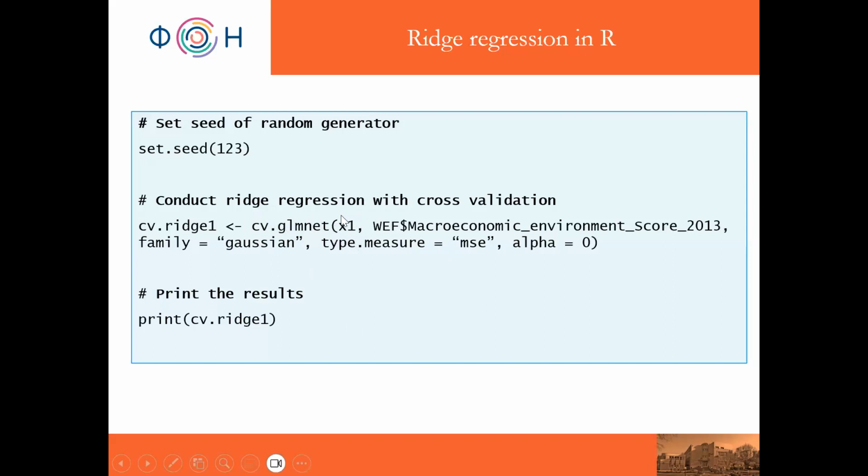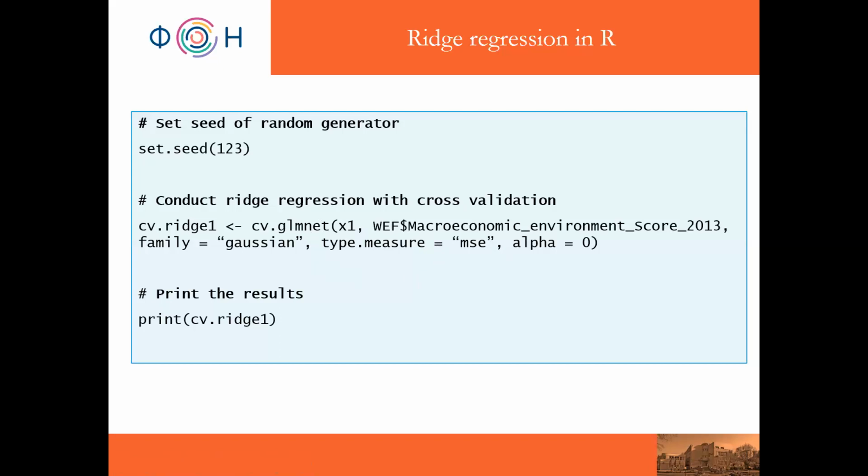The first parameter is our subset, let's say, the matrix with our independent variables. The next one is our dependent variable. We are telling which family of functions we are using, Gaussian. Now we have to tell which measure we are going to use in order to assess and find our best lambda.